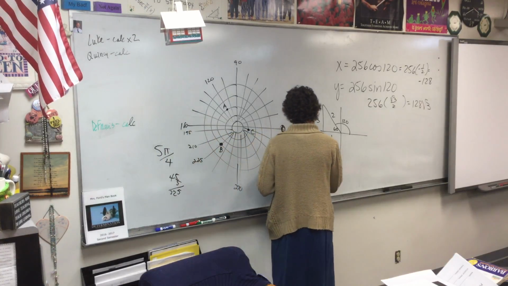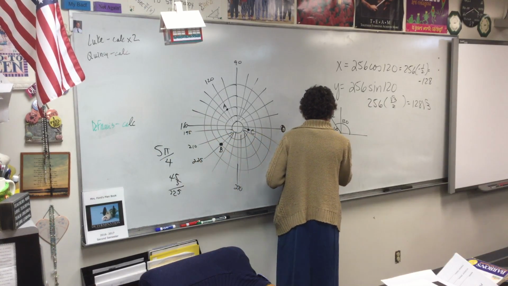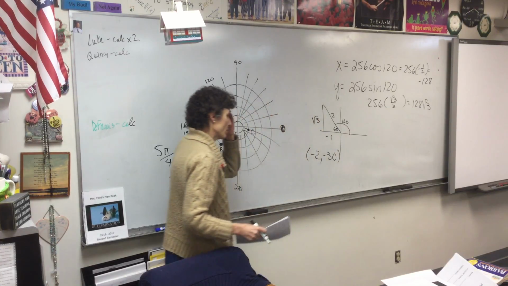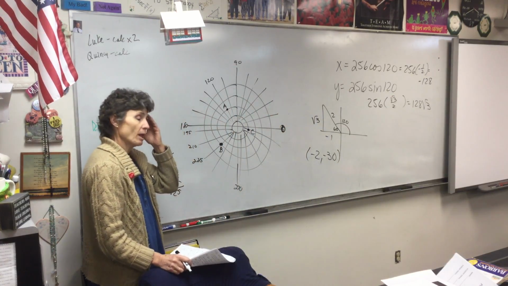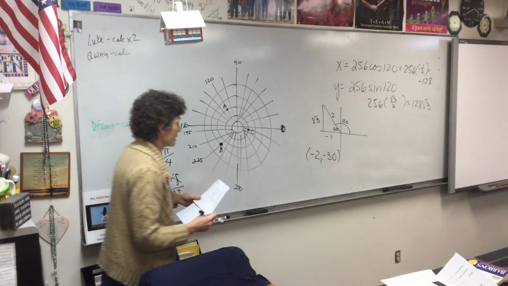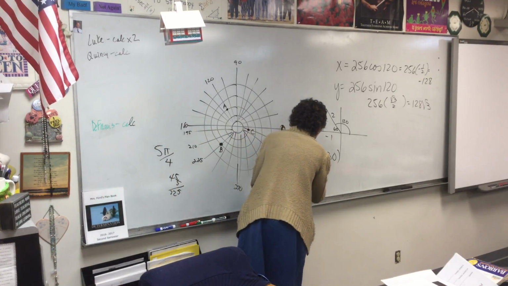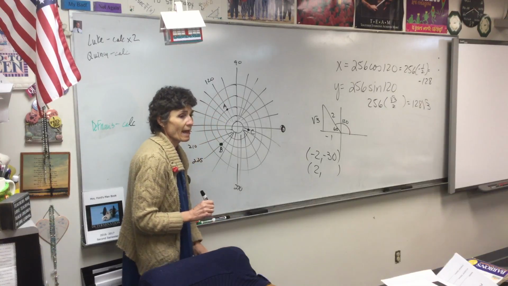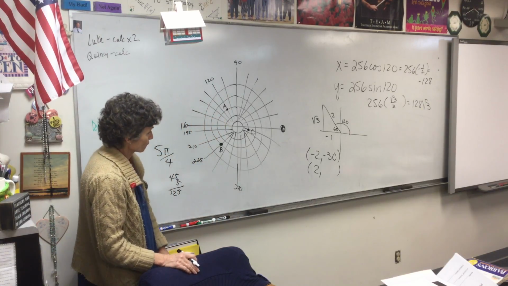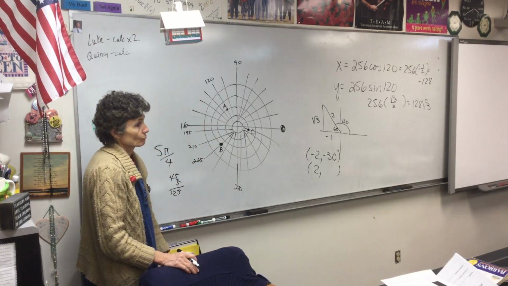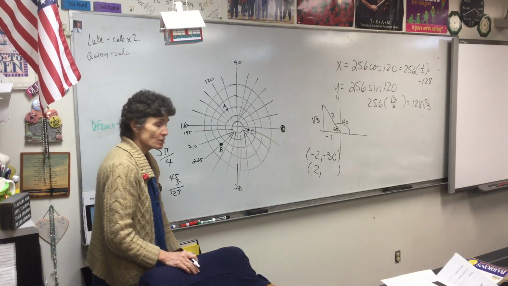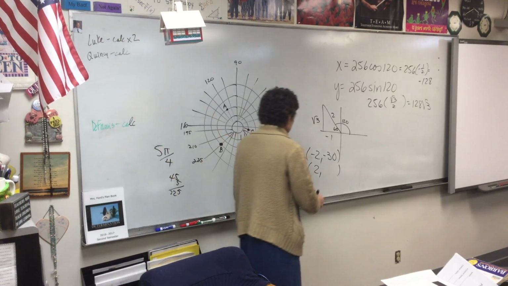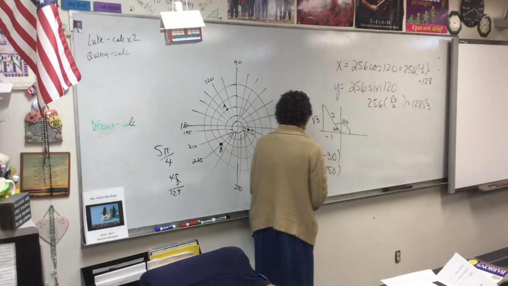Now, D I have an issue with. I can't plot a negative R. You can't plot a negative R. You gotta make it positive. So when I make that R positive, what's gonna happen to that angle? It's gonna change by 180 degrees and become 150.